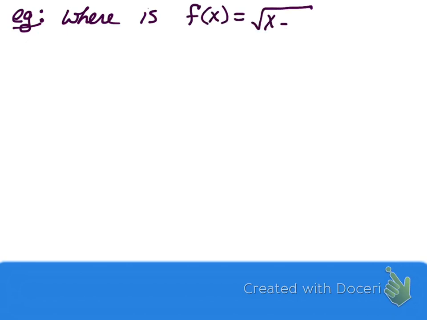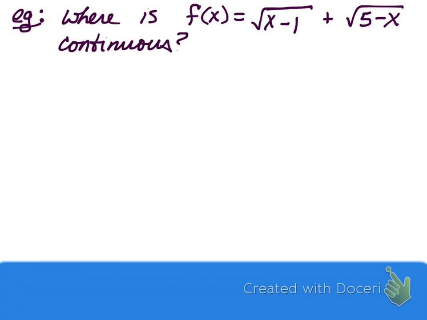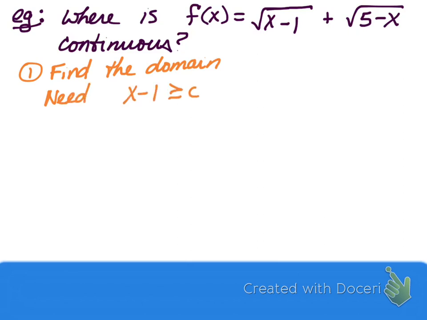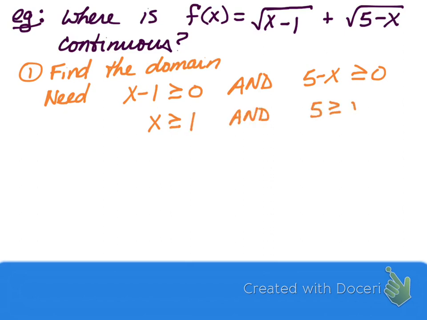So let's look at another example. Where is the function square root of x minus 1 plus the square root of 5 minus x continuous? Well, the main thing that we need to do is find the domain. We need x minus 1 to be greater than or equal to 0 and 5 minus x to be greater than or equal to 0. So we need x to be greater than or equal to 1 and x to be less than or equal to 5.